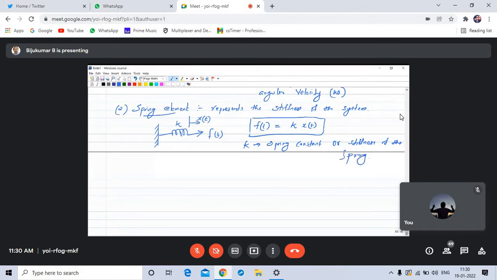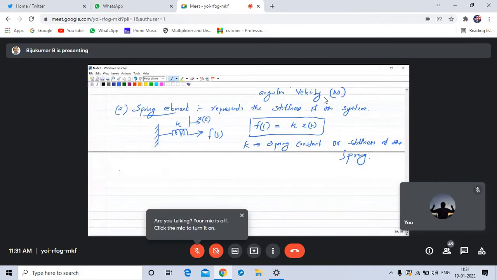That means if the value of k is high, we need to give a high force to stretch or compress the spring. Correct. Magnitude of k is high means we have to apply greater force to compress or stretch the spring.